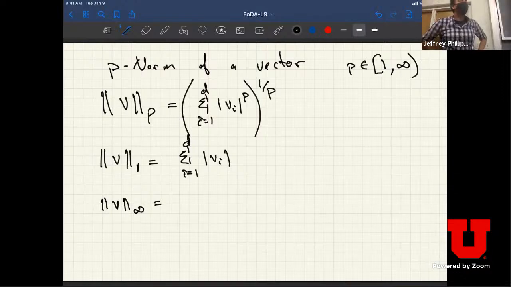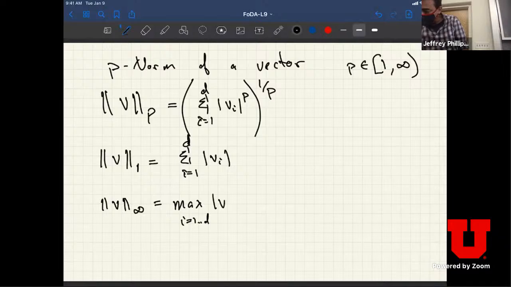But when I take it to the power 100, it really blows it up, and it makes some terms which are slightly bigger than other ones way bigger than those other ones. And that kind of dominates. And so this is actually going to be the max over i from 1 to d of the absolute values here.